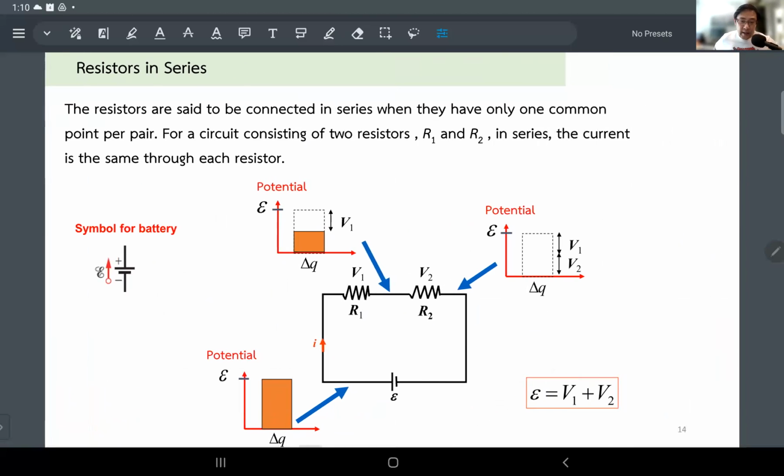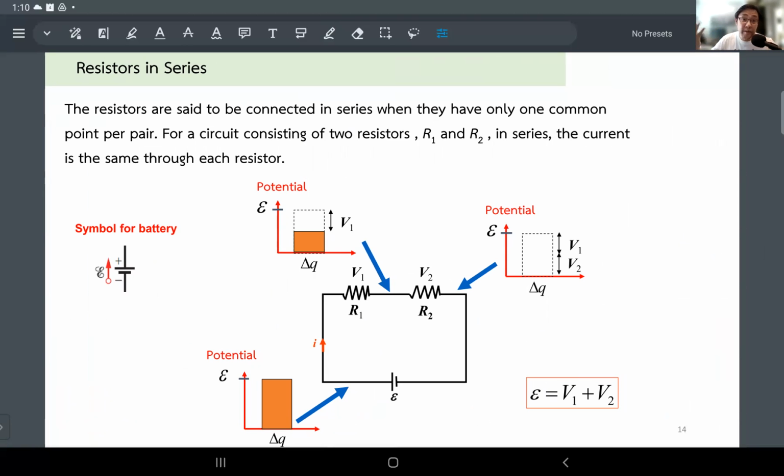So with that in mind, now if you have more than one resistor in the circuit, you say, that's no big deal. Each resistor will take some energy out of your initial supply of energy. Or if you want to talk about just the potential, it is the same as the energy, but just per unit charge.